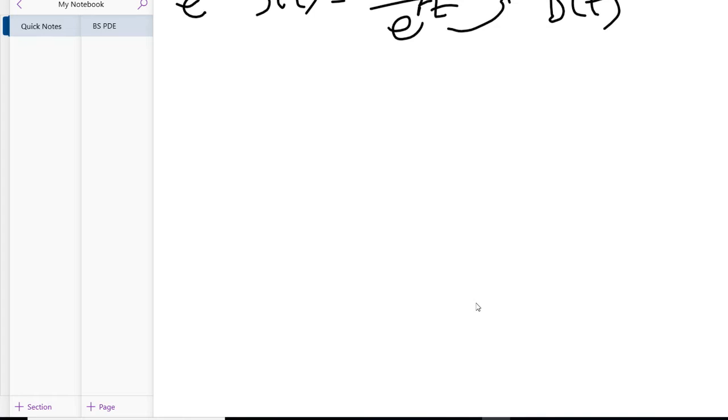So considering the discounted price process, what is d(S_t over B_t)? To do this, we need to remember the Ito quotient rule.